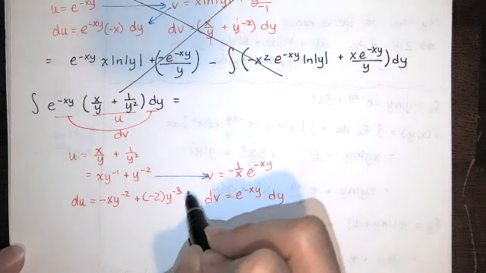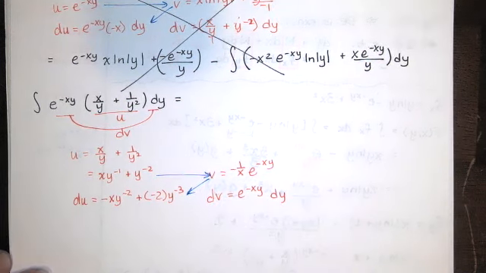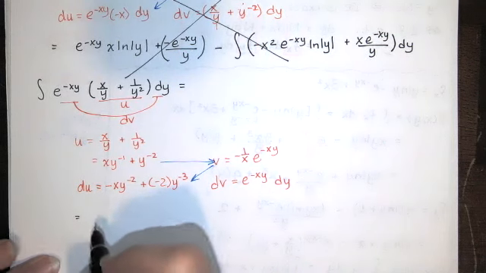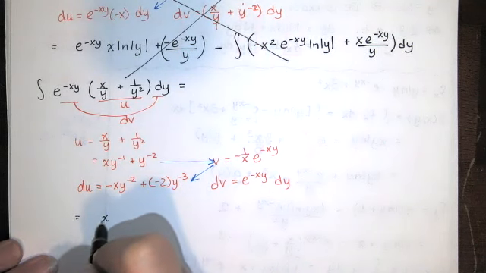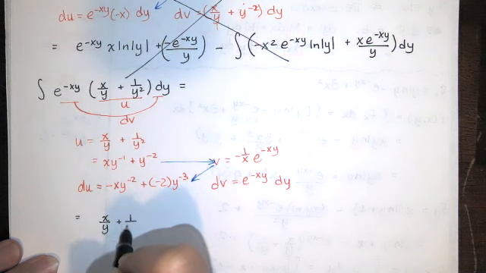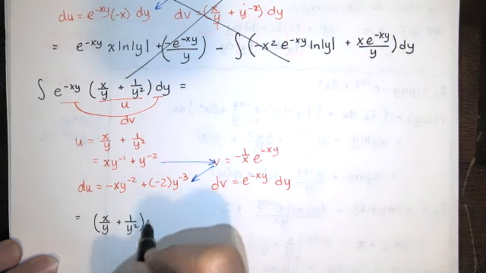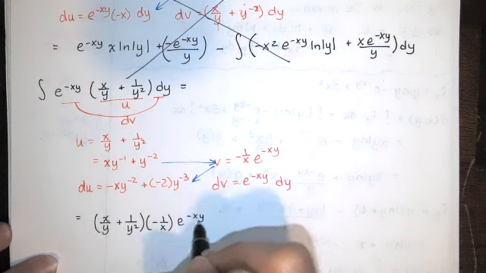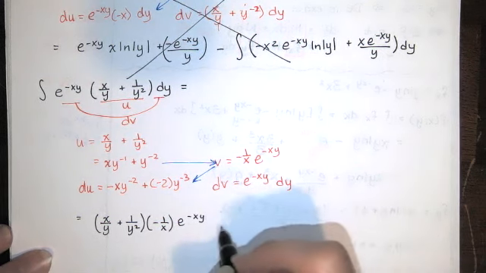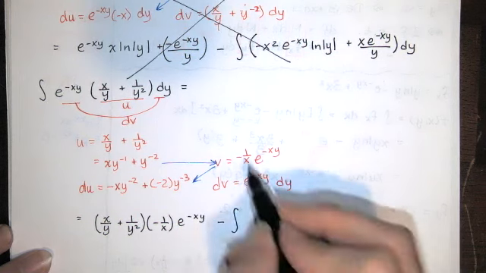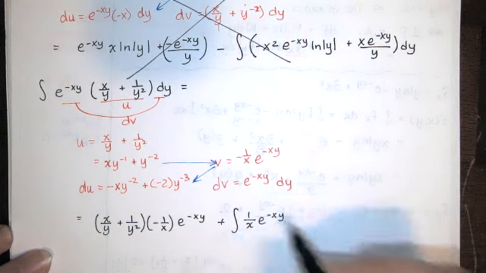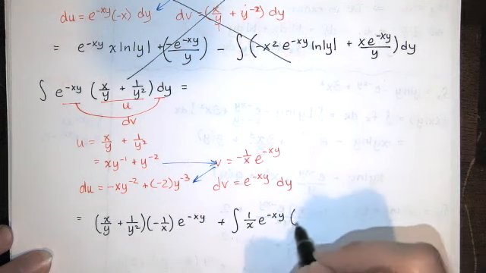We got u times v minus the integral of v du. So we have x over y plus 1 over y squared times -1 over x times our exponential minus the integral of that, negative times a negative is a positive, times du.